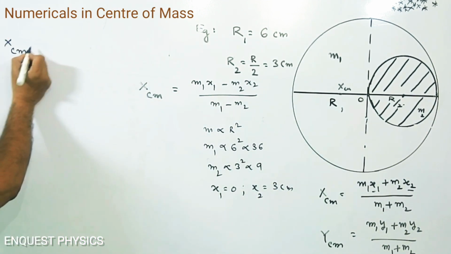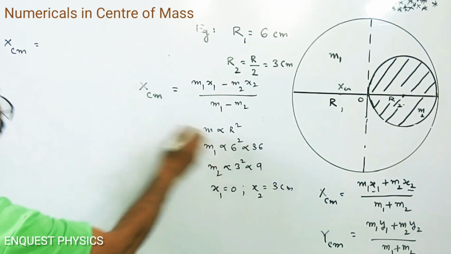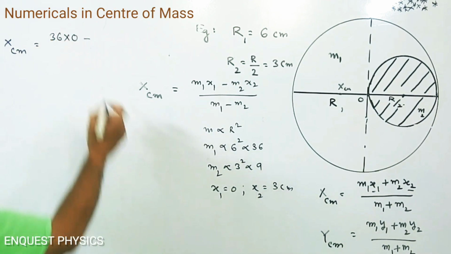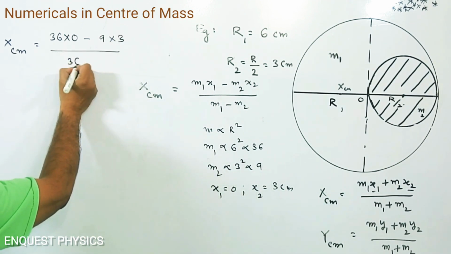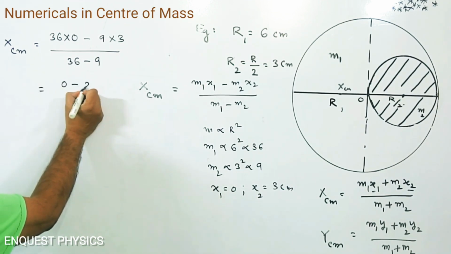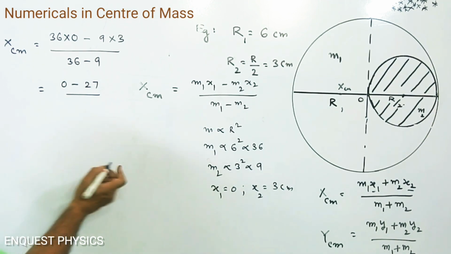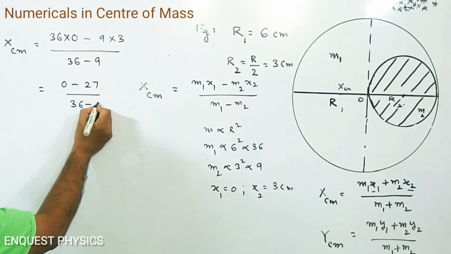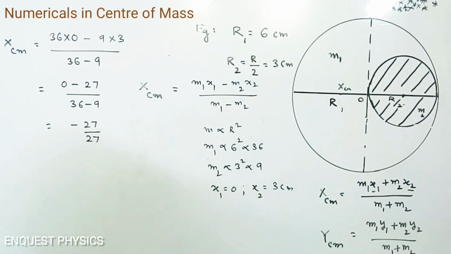We will get xcm is equal to m1, okay, m1 is equal to how much? 36 multiplied 0 minus 9 into 3 by 36 minus 9, 0 minus 27 by 27.